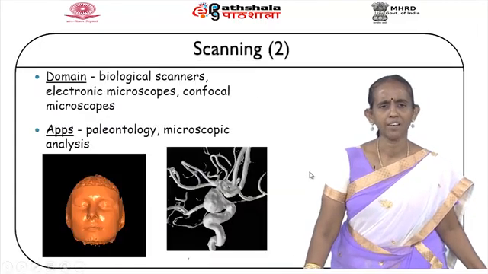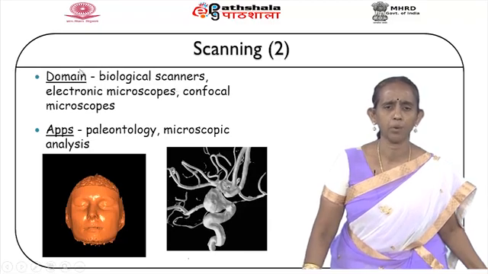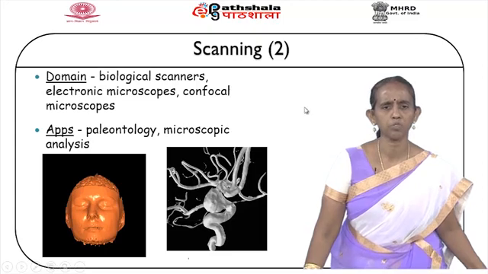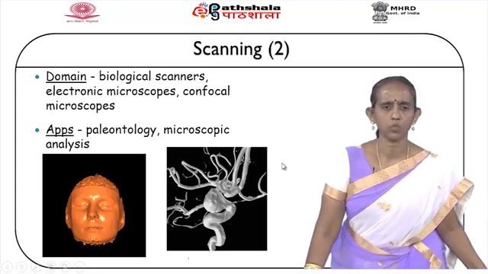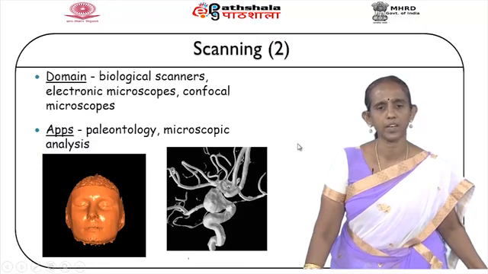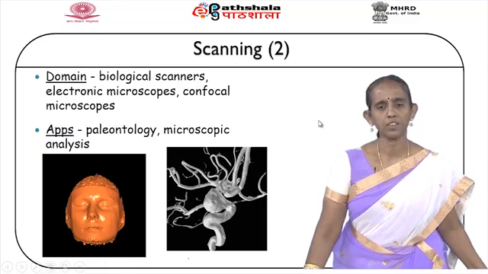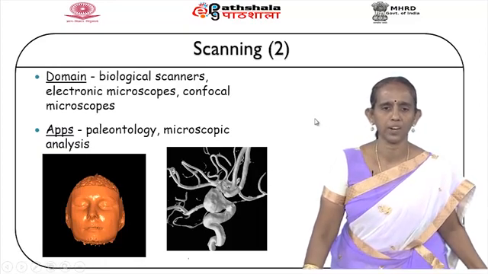Other than this, in the domain of scanning we have biological scanners, electron microscopes, and confocal microscopes. All these are examples of scanning devices which are helpful to understand the inside parts of human beings or some kinds of microscopic organisms.